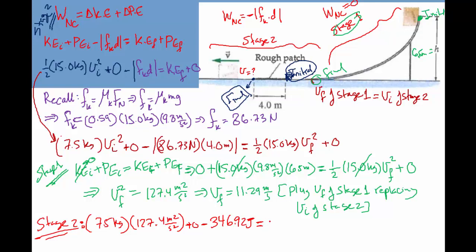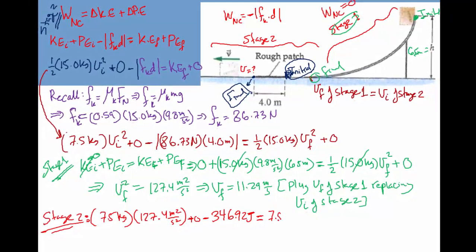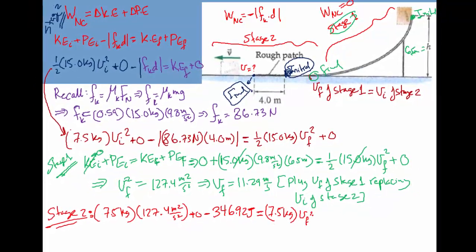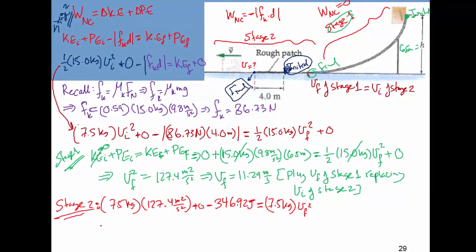The right hand side of the stage 2 equation will be 1/2 the mass, which is 7.5 kilograms, times the final velocity squared. And now we solve for the final velocity, which is the unknown in the question. 7.5 times 127.4 will yield 955.5 joules. You subtract 346.92 joules, which will yield 608.58 joules. This is equal to the right hand side, which is 7.5 kilograms times the final velocity squared.